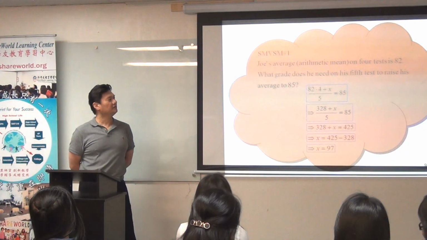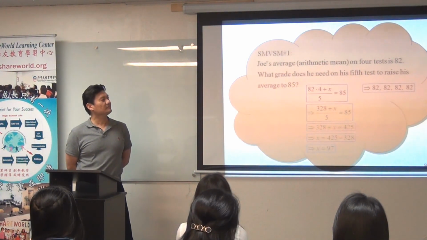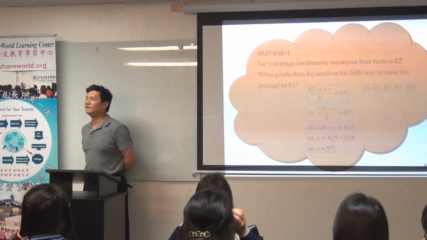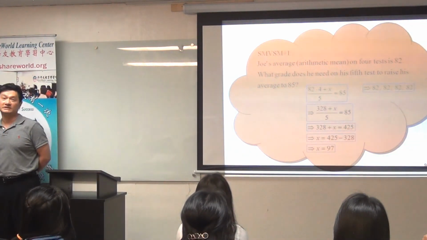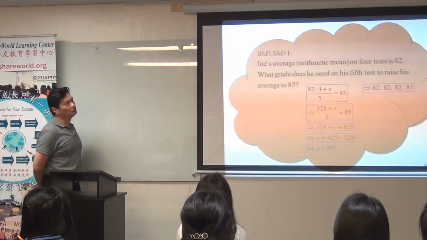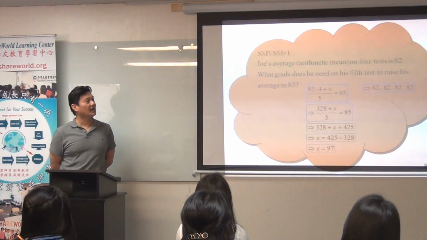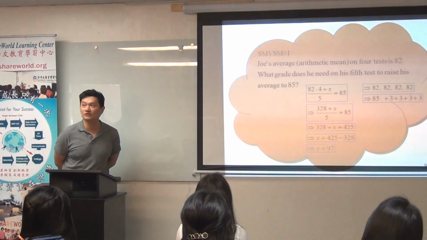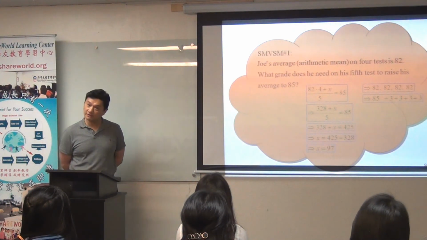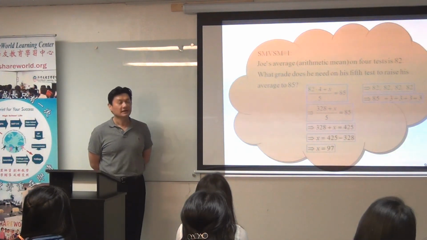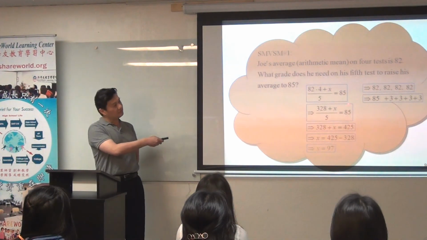Well, however, you can also do it this way. Since you have 82 for average for the past 4 tests, you can consider this 82, 82, 82, 82. So the 5th test has to be at least 85 to begin with, right? Because you want an average of 85. You can see the responsibility on the 5th test.